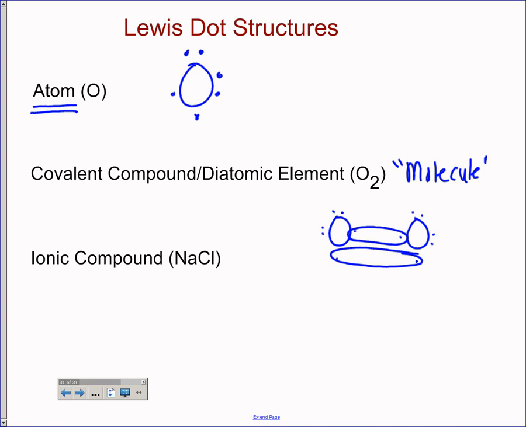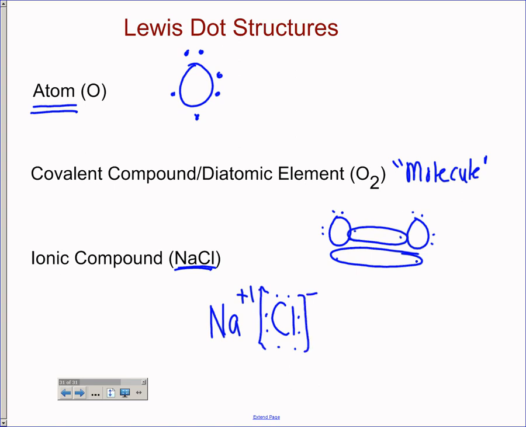Finally, an ionic compound. Remember, it's electrostatic attraction that holds an ionic compound together. That means the sodium loses an electron and becomes positively charged. The chlorine is going to gain an electron. When it gains an electron, it's going to have an outer shell of 8 electrons. It had 7. It gained 1 from sodium.